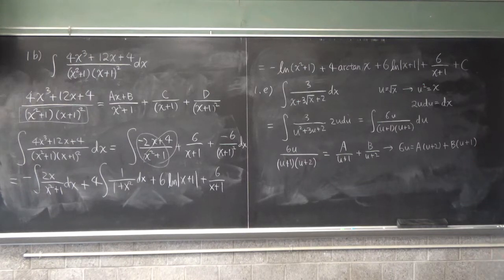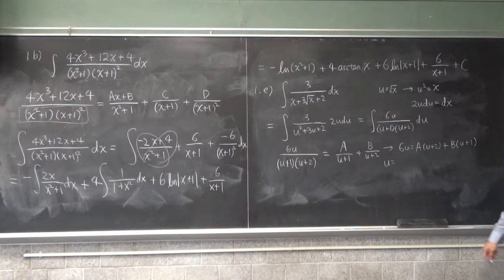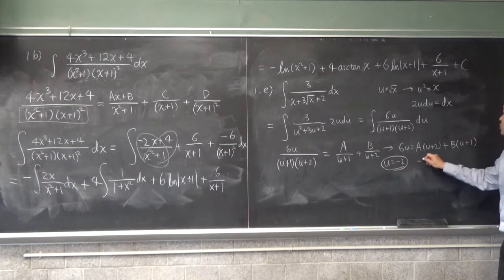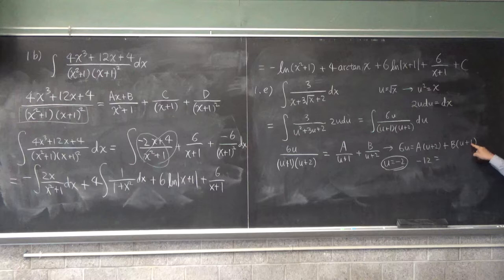And for this one, it's easy. We can just plug in two values, right? u equals negative 2. That gives you negative 12 equals, negative 2 plus 2 is 0, so that goes away, and negative 2 plus 1 is negative 1, so it's negative b, which says b must be positive 12.